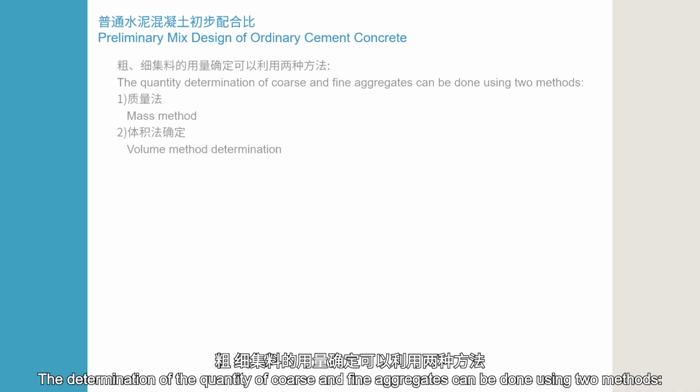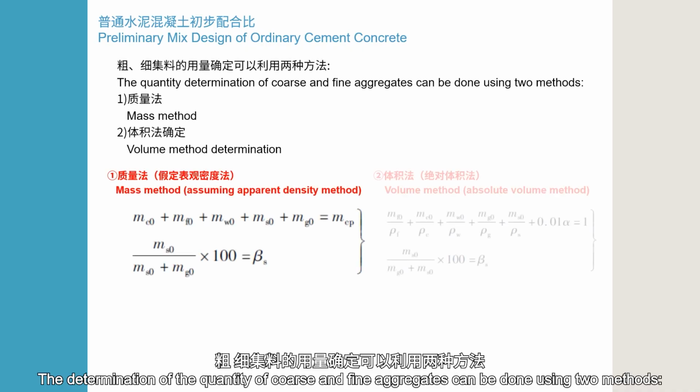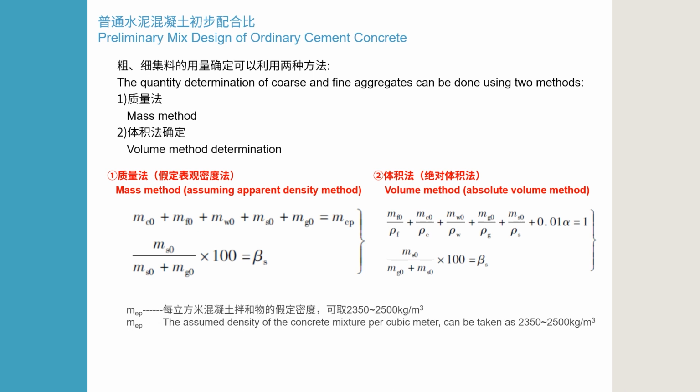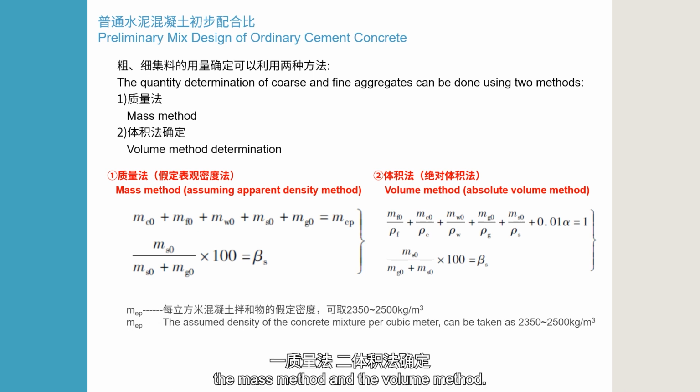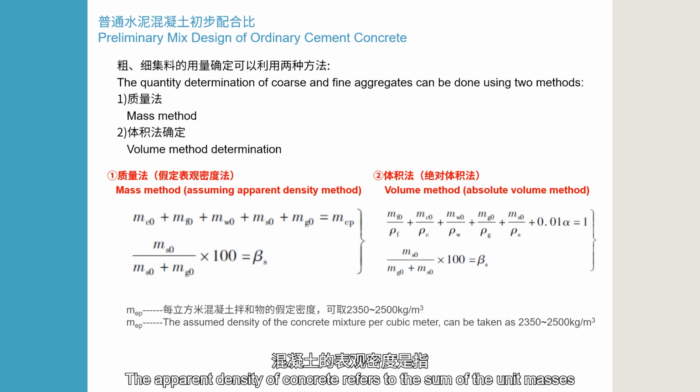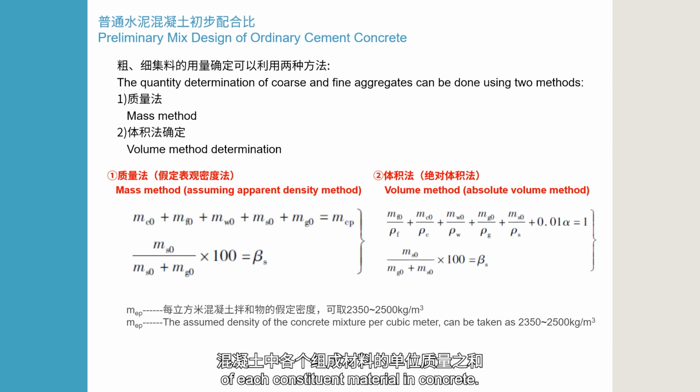The determination of the quantity of coarse and fine aggregates can be done using two methods: the mass method and the volume method. The mass method assumes the apparent density of concrete. The apparent density of concrete refers to the sum of the unit masses of each constituent material in concrete.